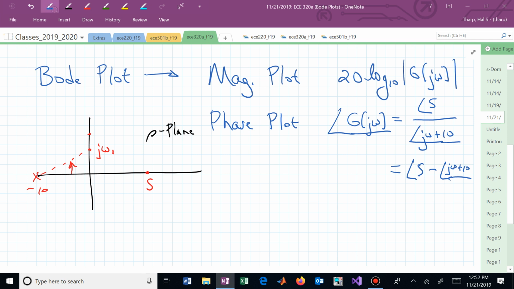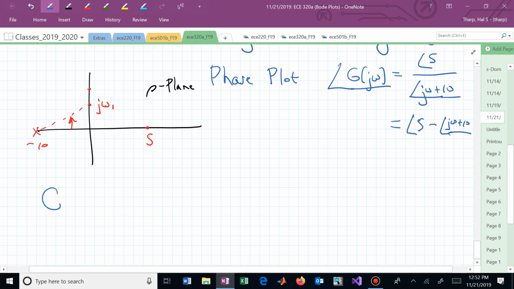So let's now look at what we have. We now have G sub 1 of j omega. We're now focusing on the behavior of this transfer function on the imaginary axis. That's the Bode plot. That's the frequency response.